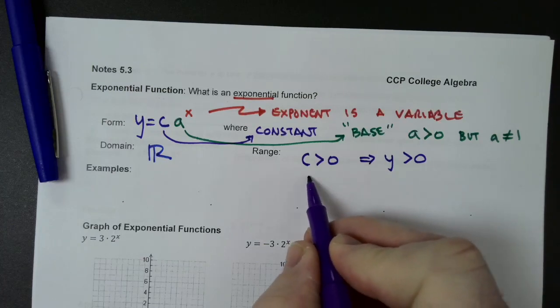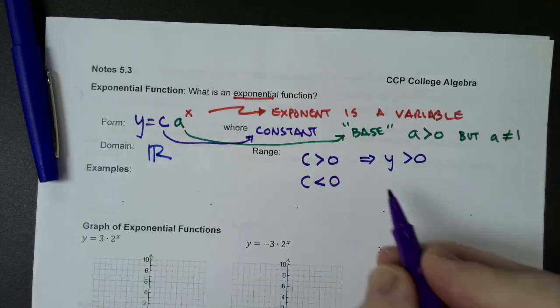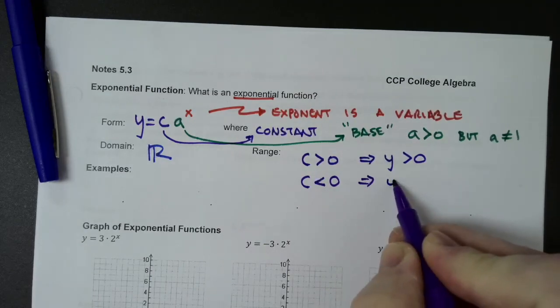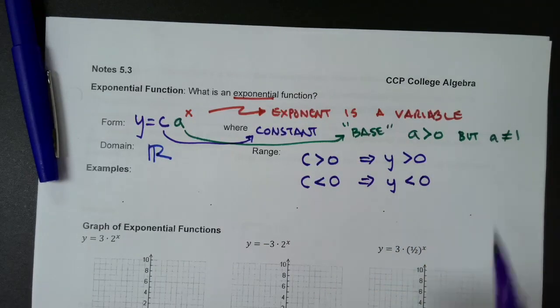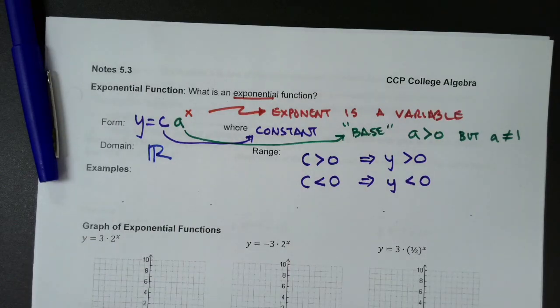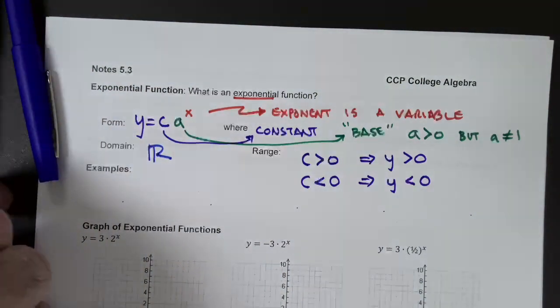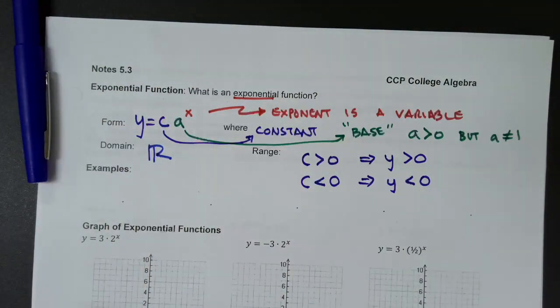Okay? And then, of course, if c is a negative number, it's less than 0, then there's no way that a to the x will change this back positive, and all of our values will be below 0. So let's write down some quick little examples so at least we have in mind what it might look like.